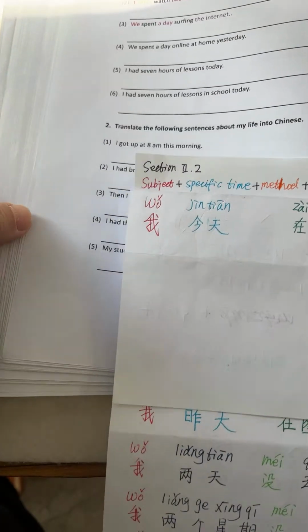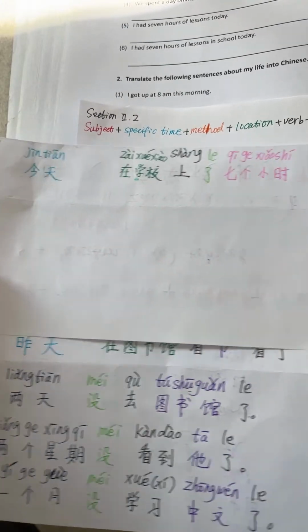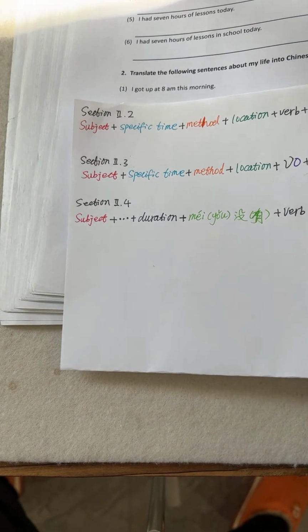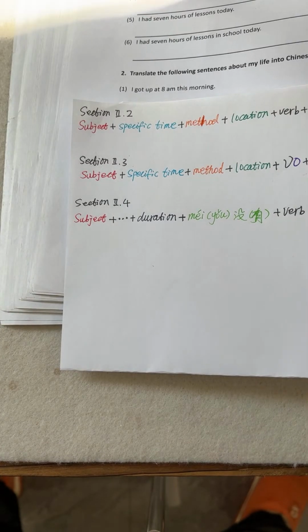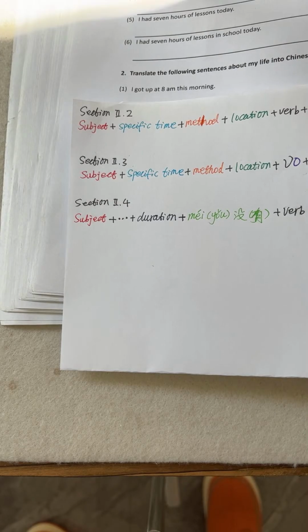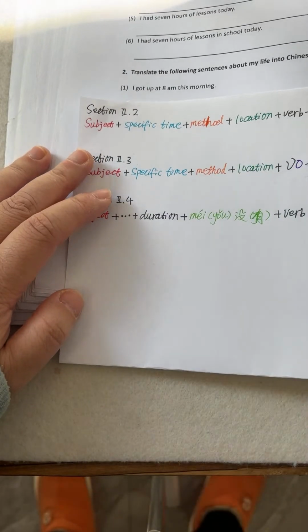Okay, now the next part is also a mixture one. In a mixture one, we have to judge which pattern we want to follow first, then we exactly follow the order. This sentence is about my life. So after this exercise, you can try to imitate and describe your daily life in Chinese, okay? The first one: I got up at 8 a.m. this morning.